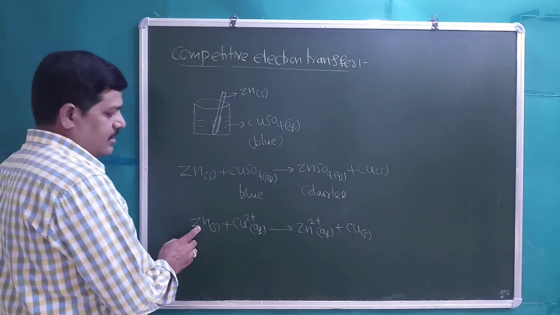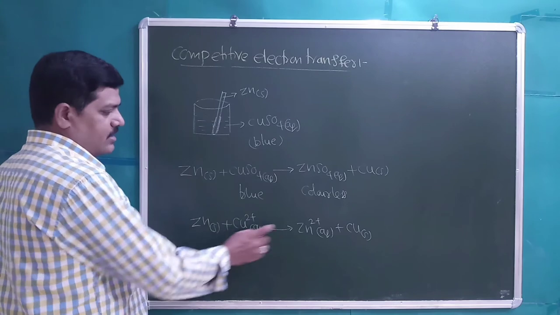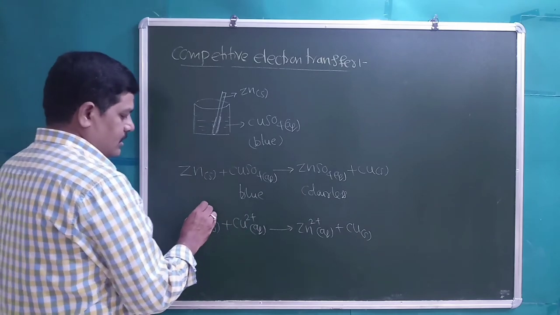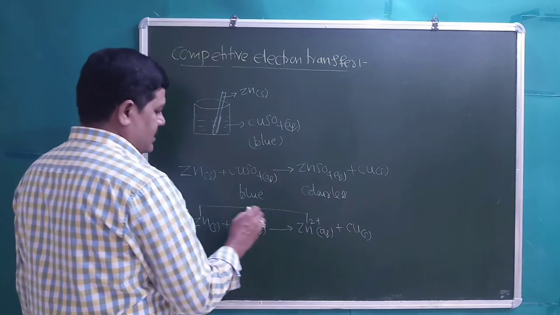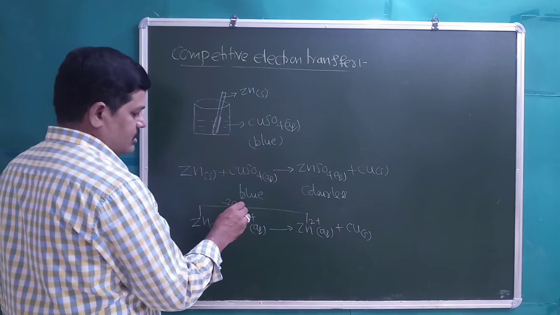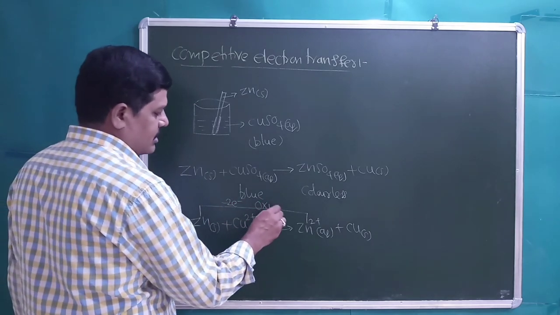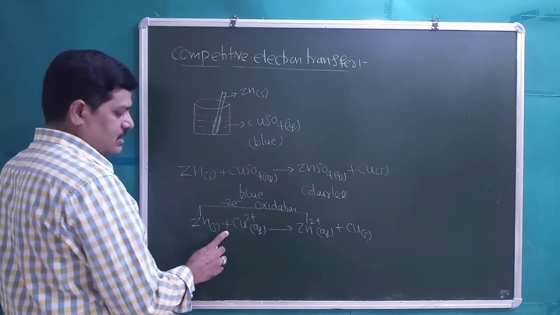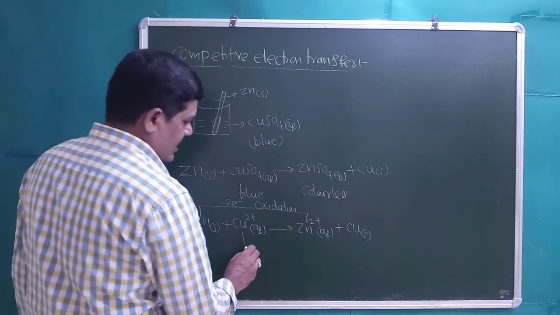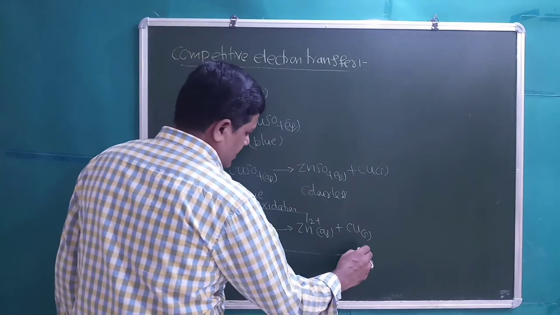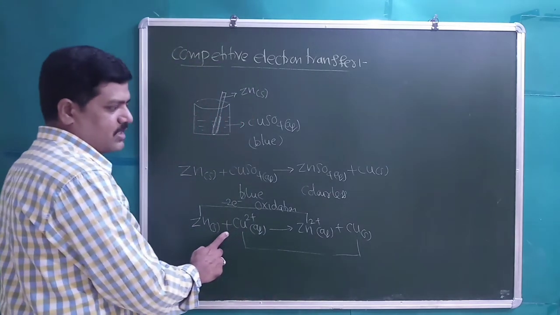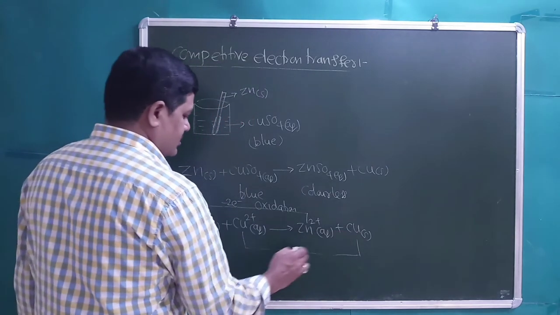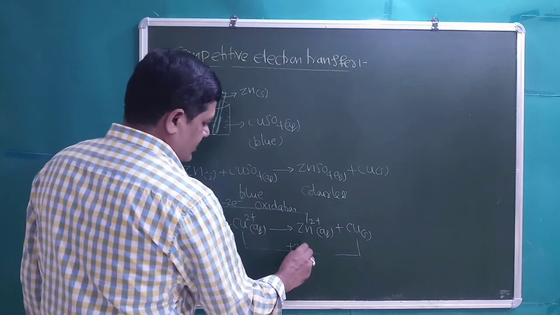Here zinc is neutral, and it is converting into Zn2+ by losing 2 electrons. Loss of electrons is called oxidation. Zinc is undergoing oxidation. Meanwhile, the 2 electrons are accepted or gained by Cu2+, which is converting into Cu solid.